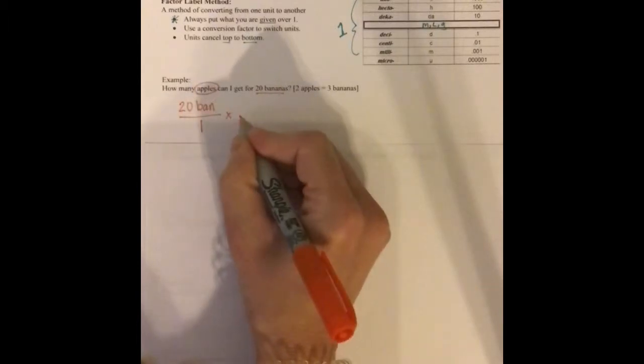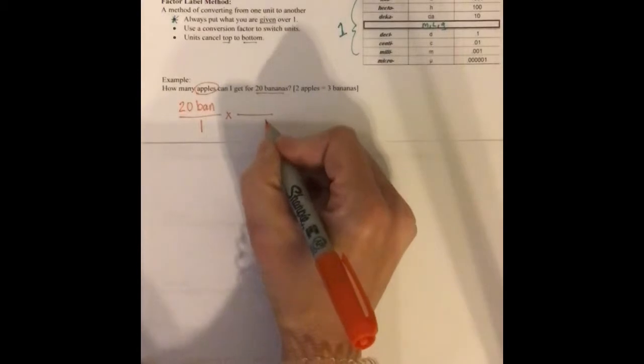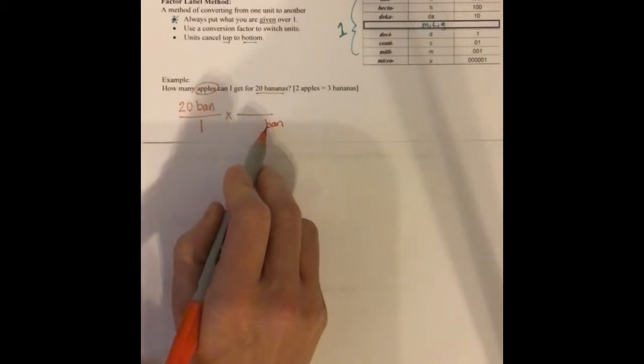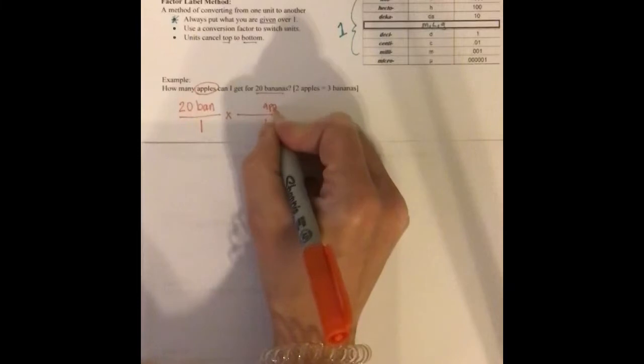Okay, and you're going to set up your problem like this. I have bananas, but I don't want them anymore. So I need that unit to cancel by putting it in the denominator. I don't want bananas, but I have a conversion factor to go to apples.